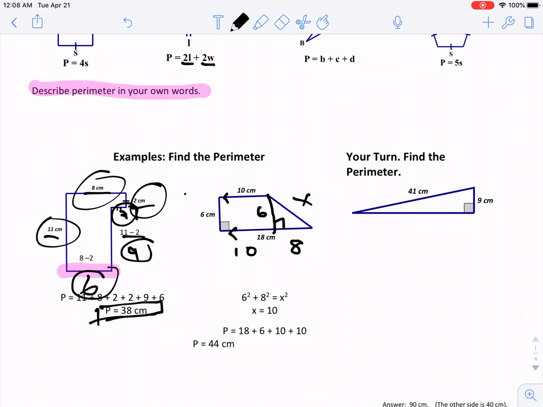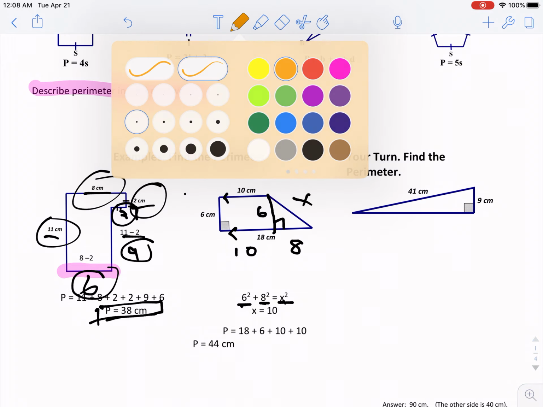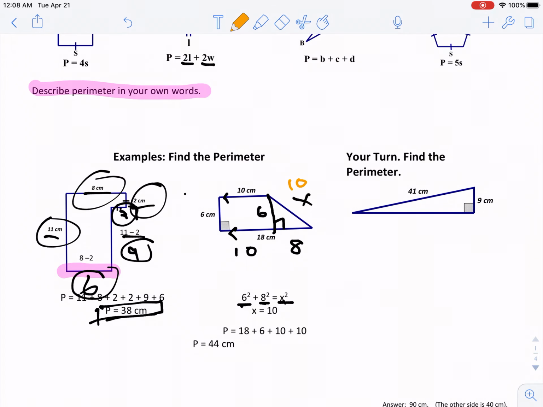It's a right triangle, so we can use the Pythagorean theorem. 6 squared is one leg, plus 8 squared the other leg, equals the hypotenuse. That gives me 100 equals x squared, or x equals 10. So this x is 10. And then for perimeter, I just add all the sides, so 18 plus 10 plus 10 plus 6, which equals 44.